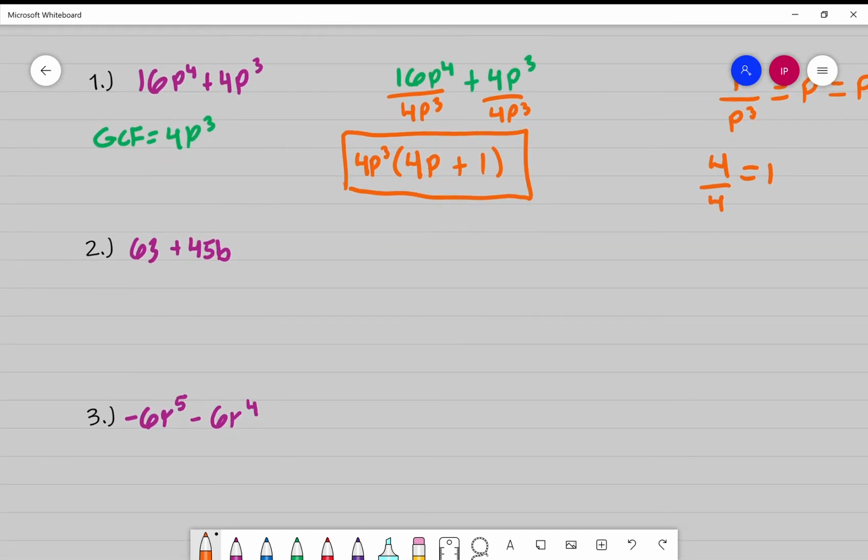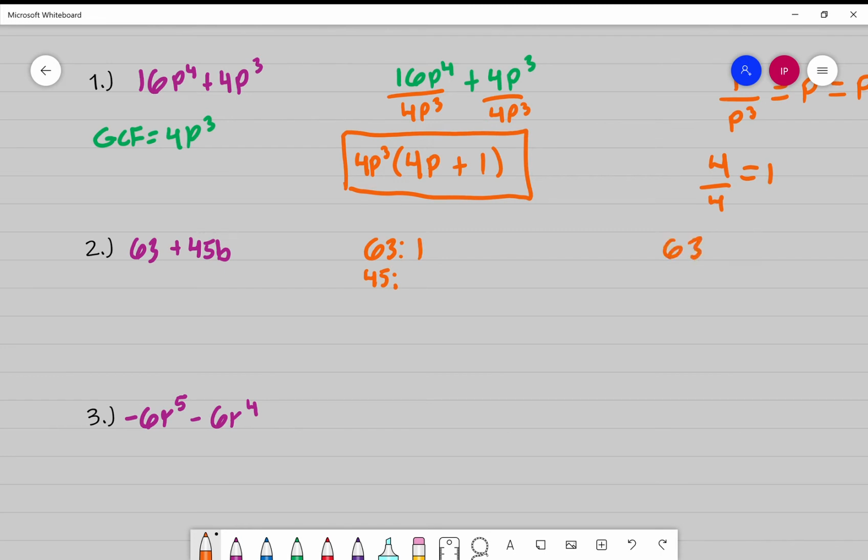Alright, let's do the same thing with number 2. Okay, so we need to factor out the GCF between 63 plus 45b. I'm going to go out to the side and list my numbers. So 1 and 63.